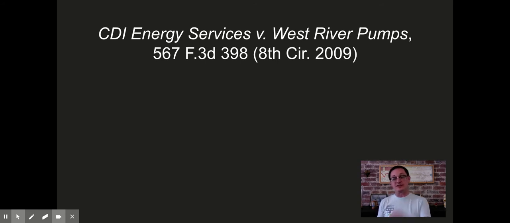And the question is, can and should third parties be able to benefit when insiders, employees spill that information? What about the employees themselves? And to what extent should the business be able to use this sort of confidentiality, or maybe pretense of confidentiality, to prevent employees from competing with it? So in the case of CDI Energy Services v. West River Pumps, right?